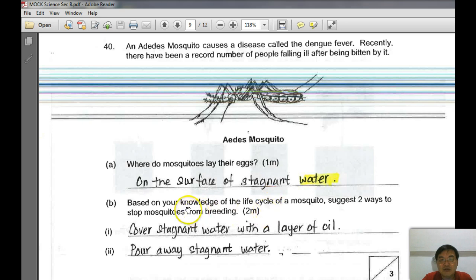So in order to terminate or stop the life cycle of the mosquito, to stop them from breeding, the two ways are cover stagnant water with a layer of oil, and of course pour away stagnant water. These are the few ways of doing it, one of two or many ways.